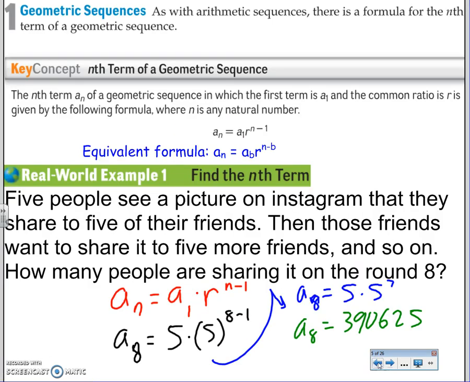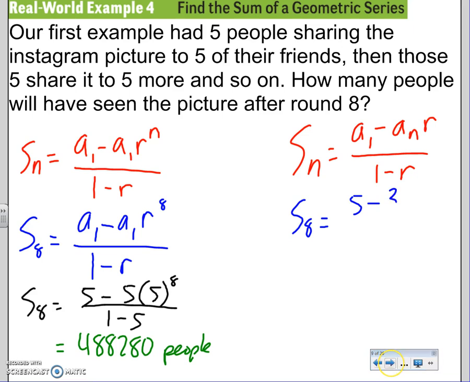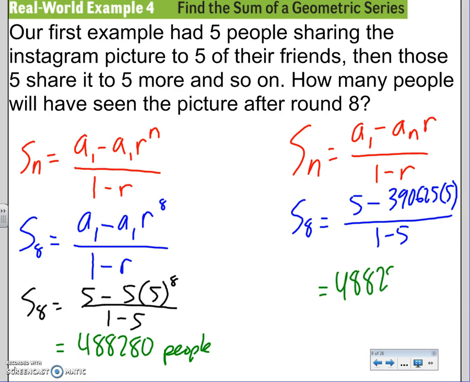Is this number 390,625? 390,625 times r over 1 minus r. See what happens. I typed it in the calculator and I get the same answer, 488,280 people. Again, the formula is exactly the same. Just which one do you want to use? Do you want to find the last term, a sub n, or do you just keep it a sub 1 times r to the n power?